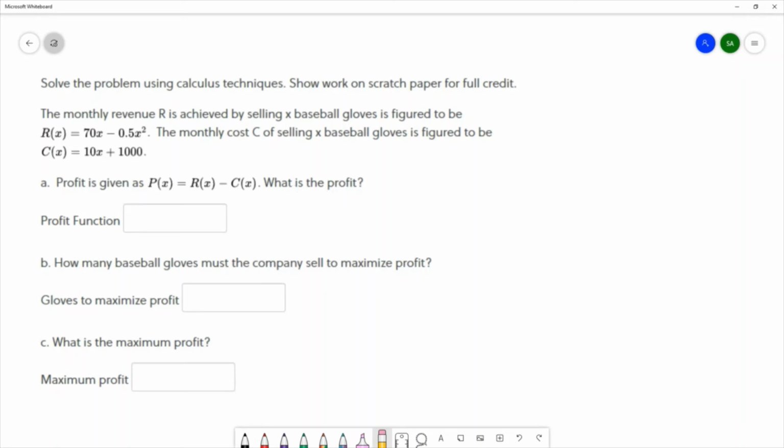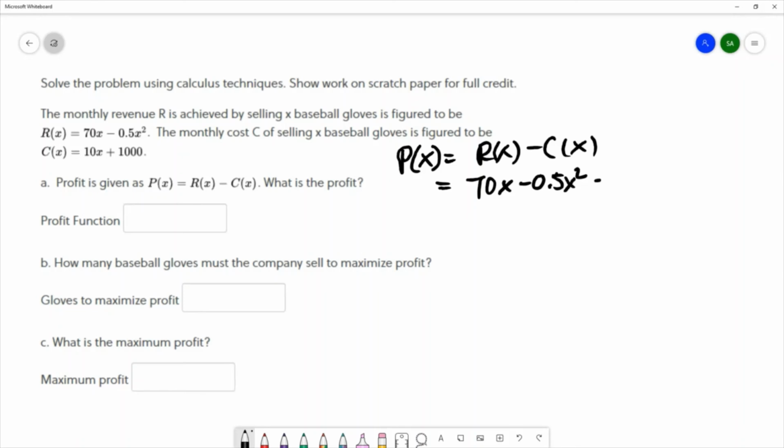So we're going to create a function that represents profit, and we have the formula here that it is revenue minus cost. So we're going to do profit, revenue minus cost. Revenue is 70X minus 0.5X squared minus cost. We want to put parentheses around the cost function, so we subtract the whole thing.